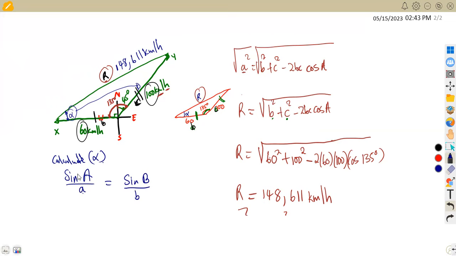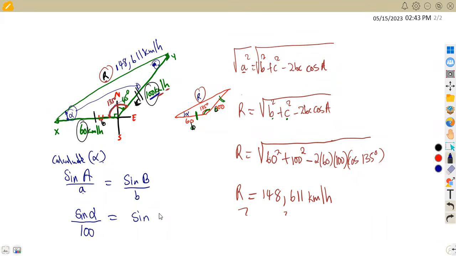So our angle is alpha, so that is the sine of alpha over the corresponding side, 100, is equal to the sine of an angle corresponding with the side. We are going to use this with the resultant, because for this 60 we do not have a corresponding angle. There's nothing that we can do. That's why we have to consider the whole of 135 with the resultant.